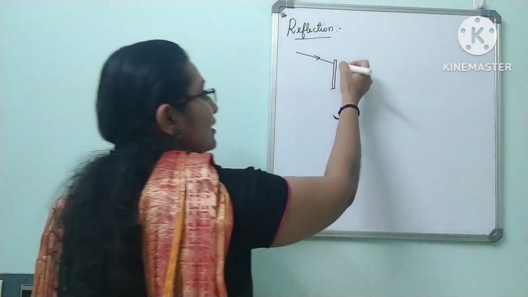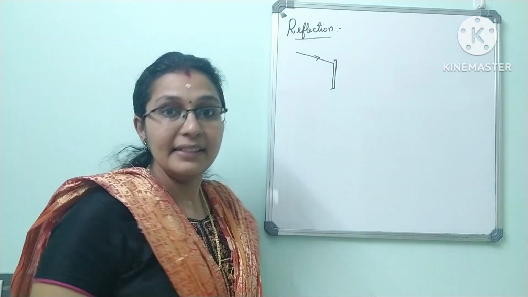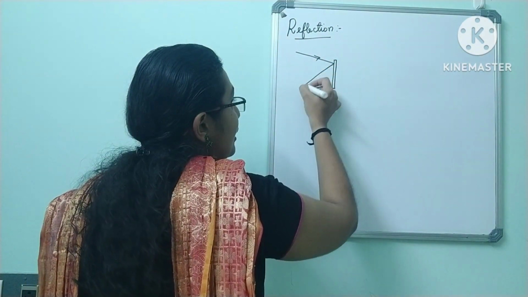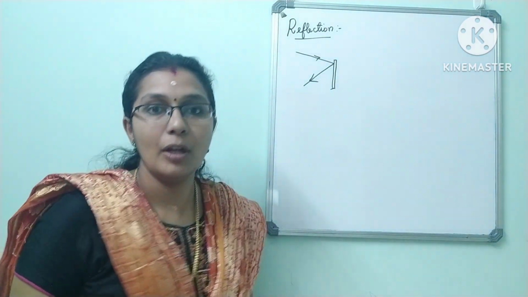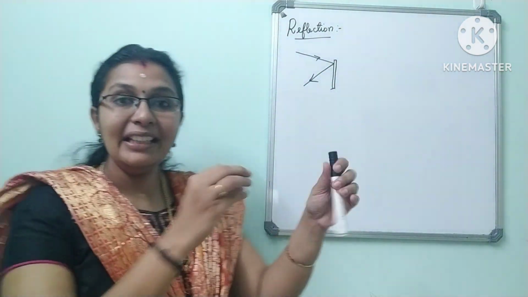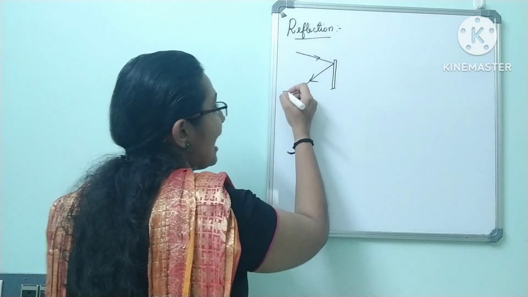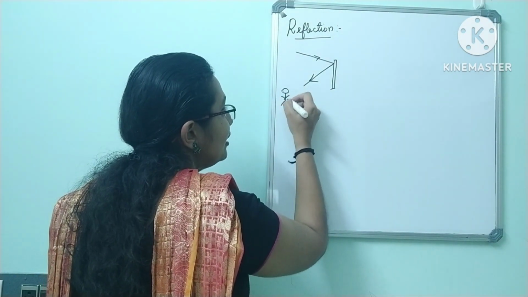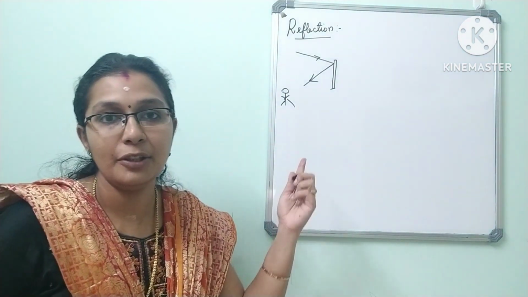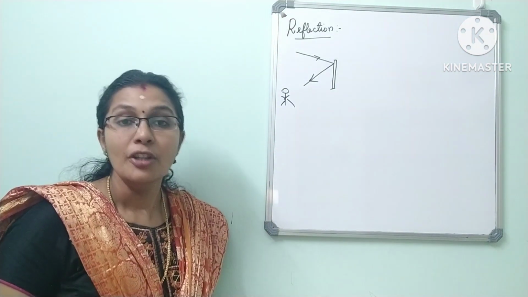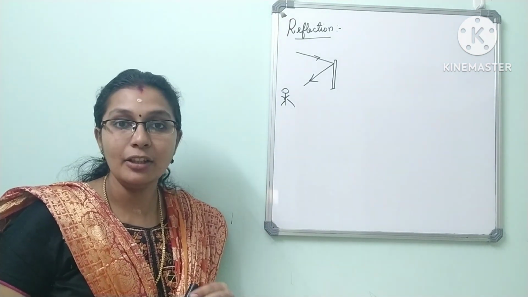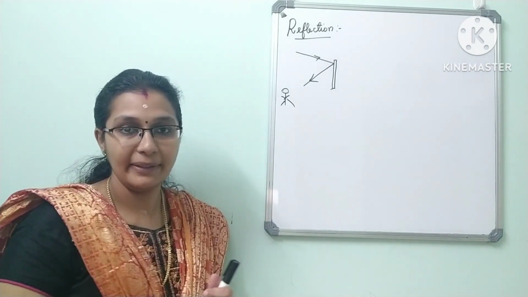So what happens is the light does not pass through like this. Instead, it is reflected back. When it reflects back and I am the observer here, when it reaches my eyes, I am able to see this pen. Clear? So only by the reflection of light am I able to see this pen.